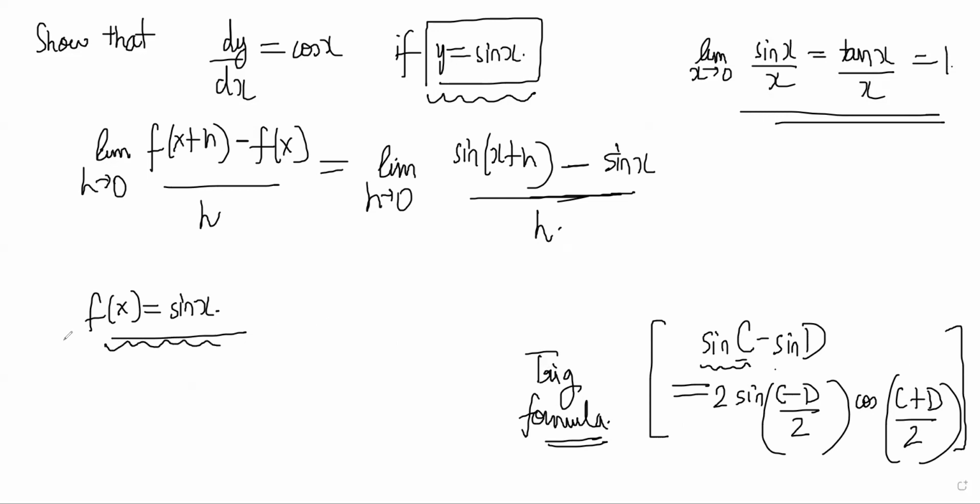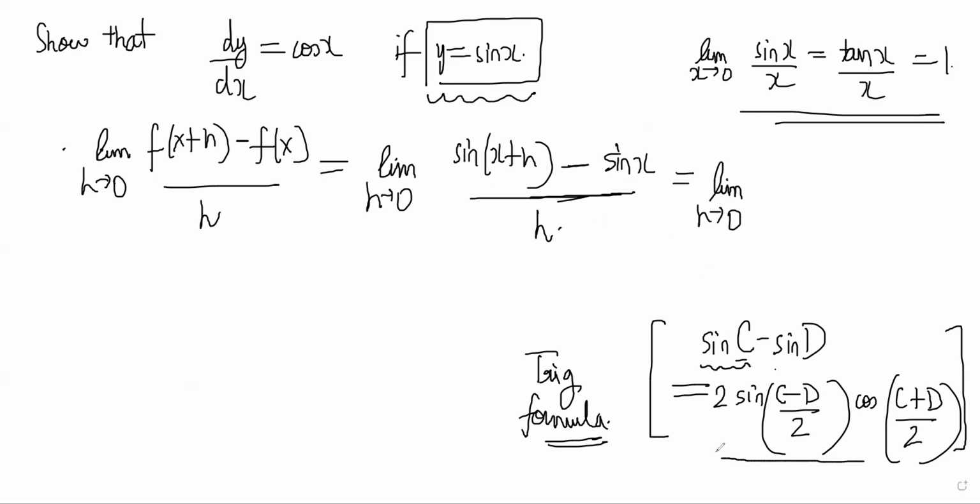So notice that if my function is sine, I have this situation of sine of something minus sine of something, right? So what I will say is this is equal to limit of h tends to 0, sin c minus sin d, according to this formula, I will get 2 times sine of this minus this by 2, that will be h by 2.